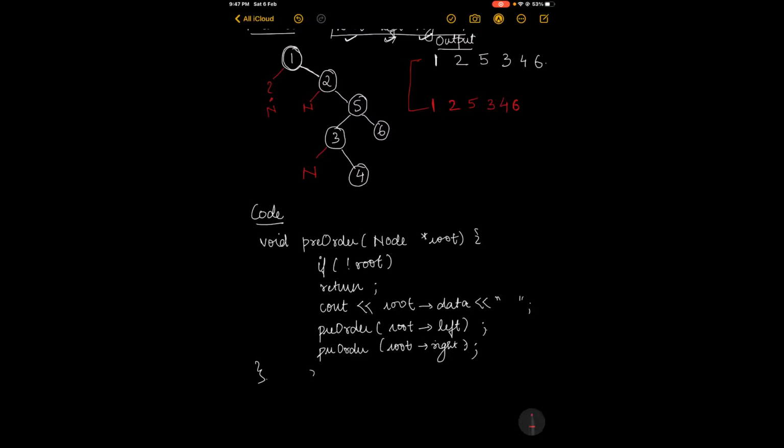So here we have a function in which we'll be passing our root. If that root is null, we'll simply return. We don't have to do anything. Or else if it is not null, then we'll print the data of that root, and then we'll move to the left child of that root.